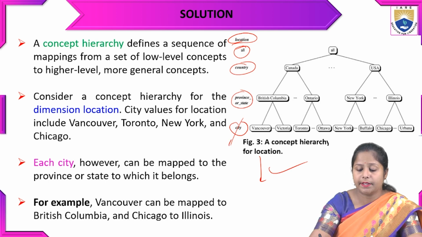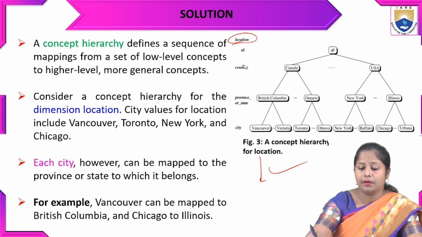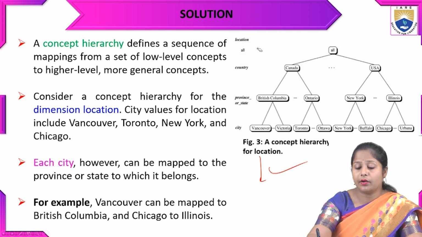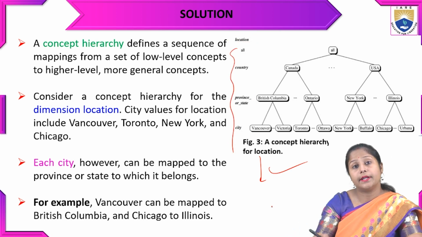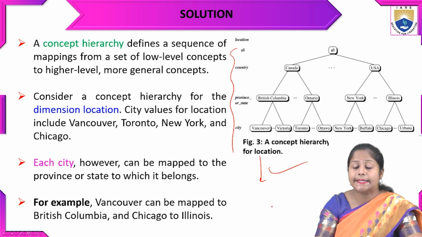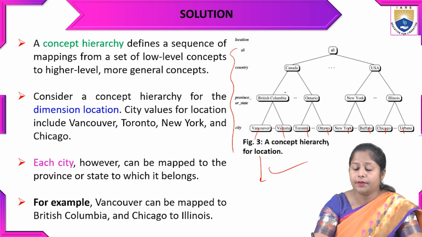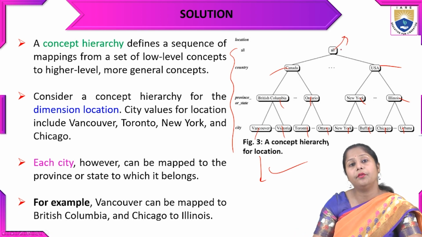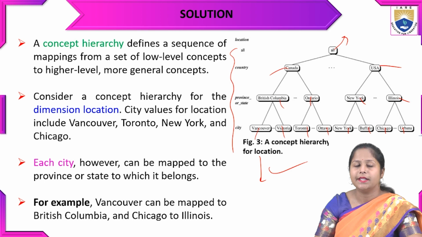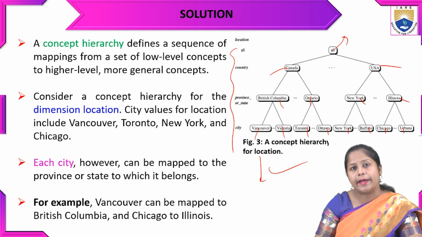So basically it will start from here, right? For the location, all of the hierarchy is there. So all of the cities, all of the countries, all of the states are there. So all will have the structure of the 4 dimensions. Like this the concept hierarchy looks. It is a mapping of sequence.